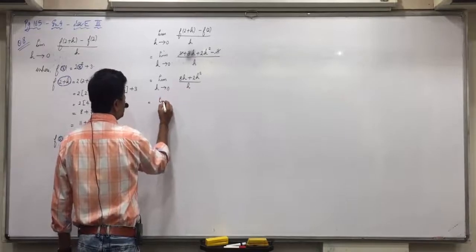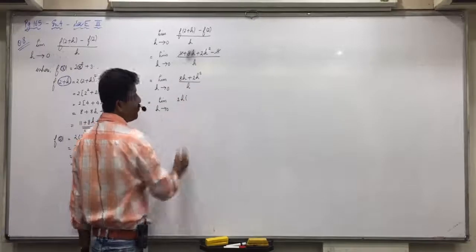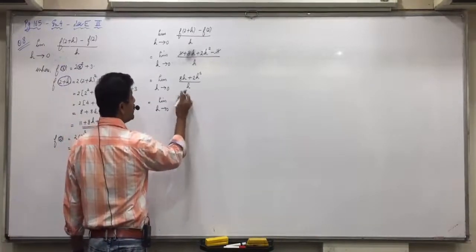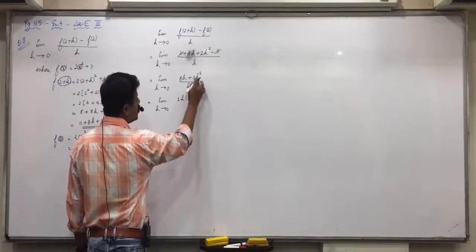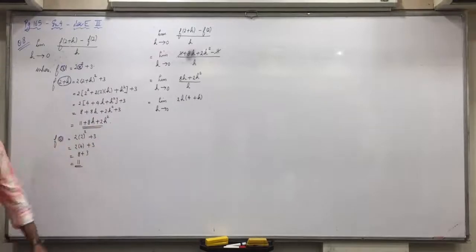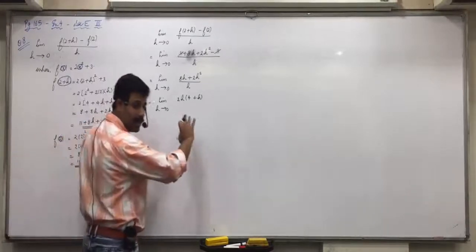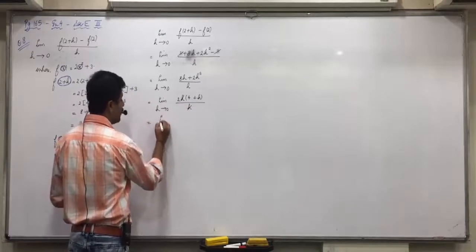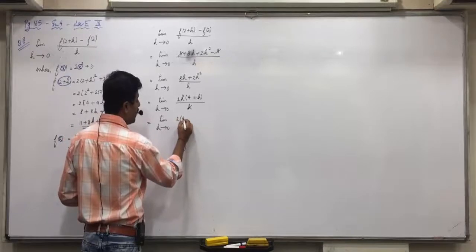Now what is common in the numerator? 2h. 2h into 4 is 8h and 2h into h is 2h square. Any confusion in this? If you take out 2h common in bracket, you will get 4 plus h. Clear or not clear with this? Divided by h. h gets cancelled. Limit h tends to 0, 2 in bracket 4 plus h.